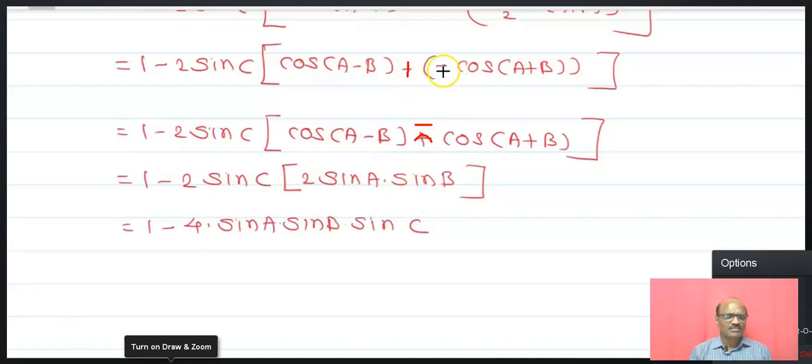Overall it is a minus, and this plus becomes overall a minus 1. And cos of (a minus b) minus cos of (a plus b): the first term cos a cos b and minus cos a cos b get cancelled. And this is plus sin a sin b, and this is minus, and again here is minus, that will become plus. So you will get 2 times sin a into sin b, and overall you are getting 1 minus 4 sin a sin b into sin c. And in this way we have completed.